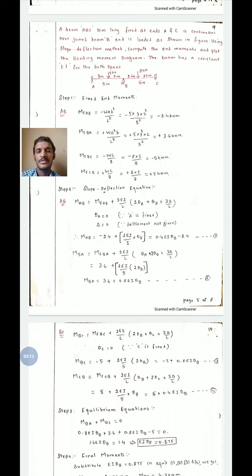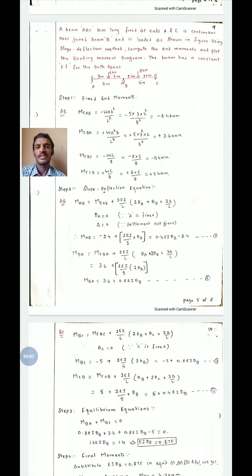For the theta value, based on the end condition, the theta value will be 0 or it is considered as theta. Theta is 0 only at a fixed end. Theta is not equal to 0 for continuous and hinged ends.